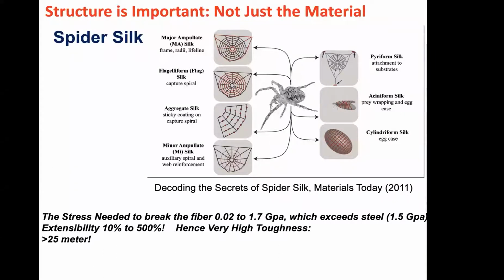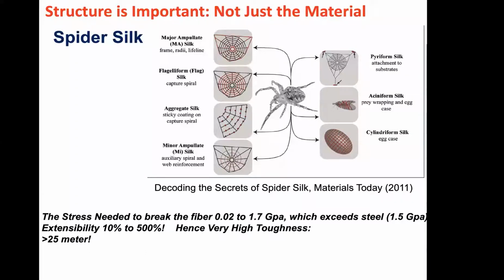The ejection from its body makes a fibrous structure. Some spiders can make silk up to 25 meters long, with very high strength and at the same time very large length.